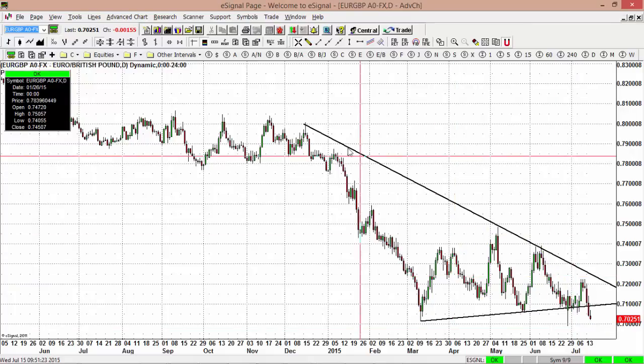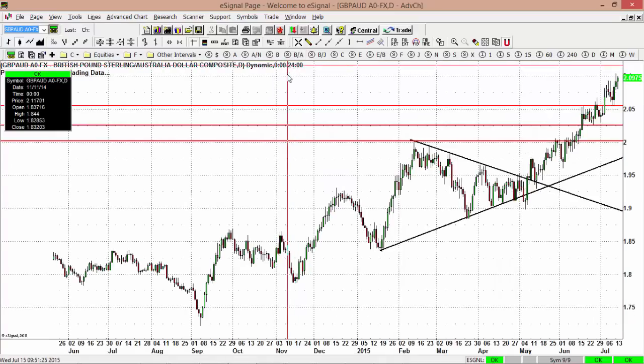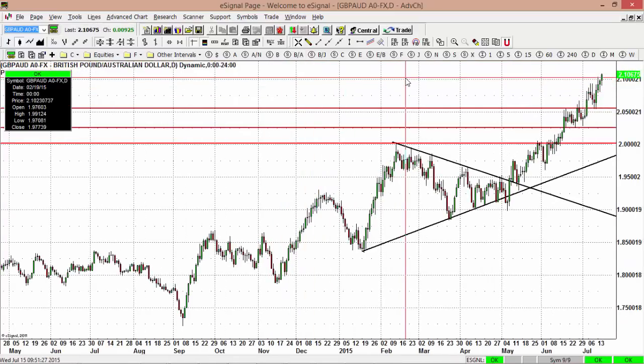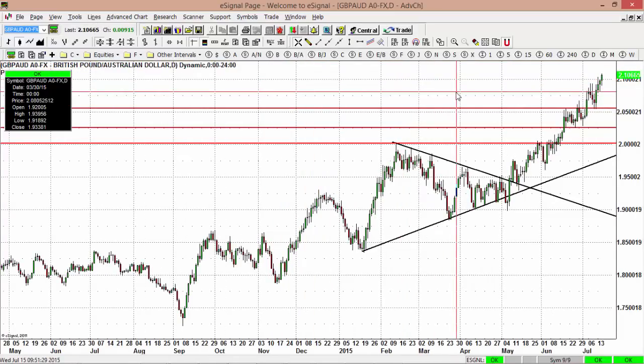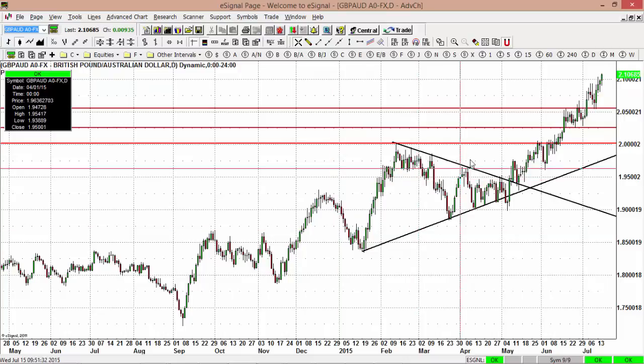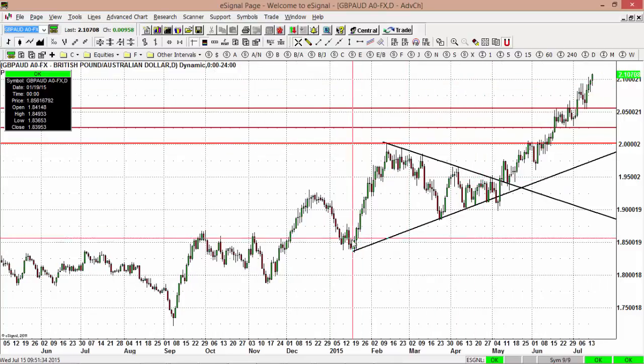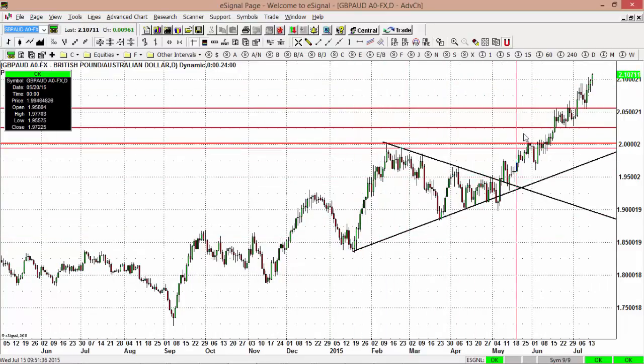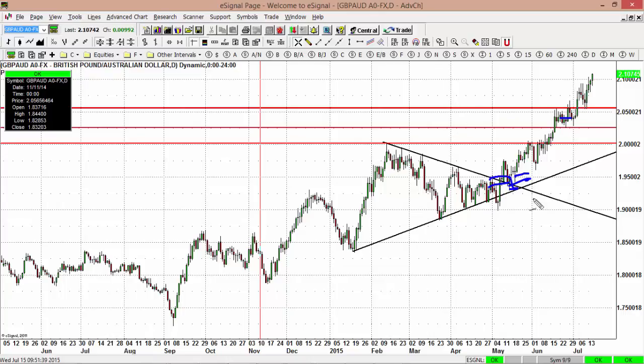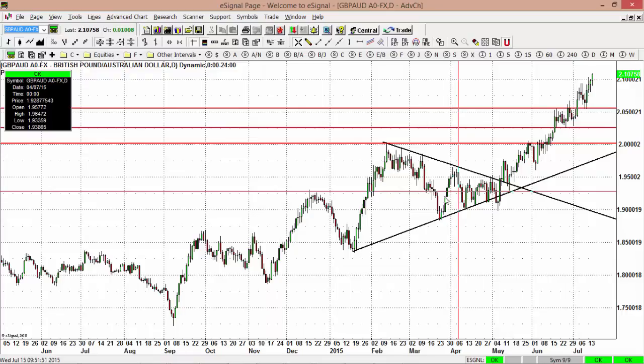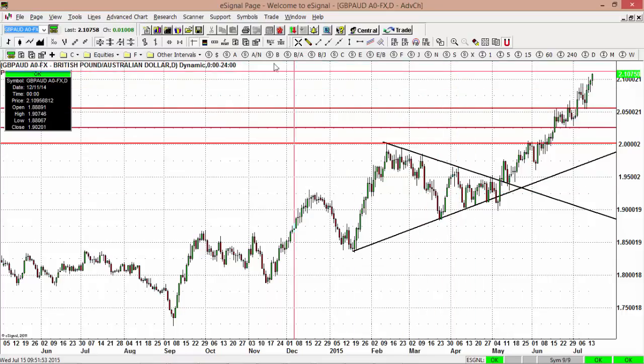The British pound Australian dollar is approaching the high of the year and actually is making new highs for the year, and this is a trade that we spoke about earlier in the year out of this consolidation pattern. And the market has rallied over 1,000 pips from when we mentioned that this could be a good trade setup, and this market continues to rally.